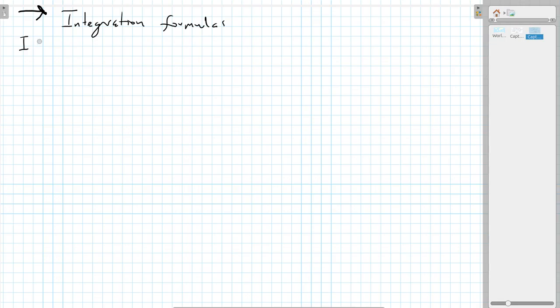If I call the integration I to be the integration from minus infinity to infinity of x e to the minus x squared e to the minus some constant alpha times x squared dx, here with alpha a constant, we have seen that the answer for this integration is 0.